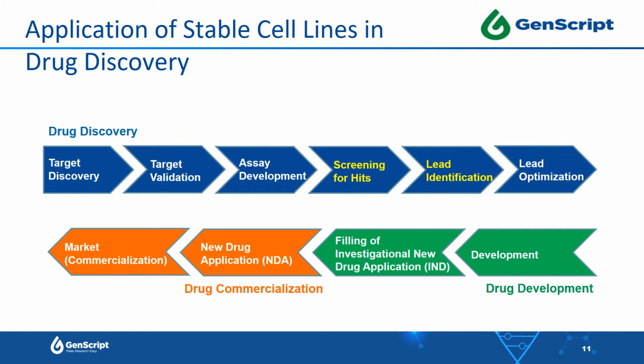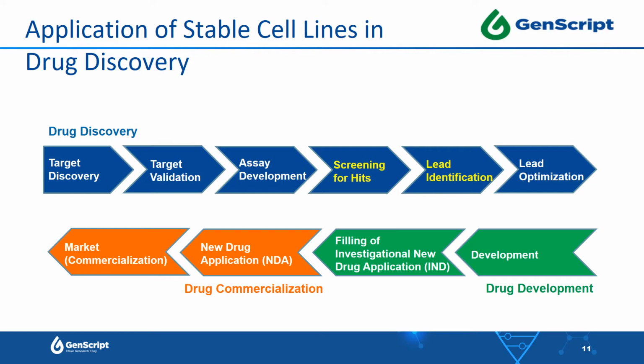Shown in blue is the drug discovery stage, including target discovery, validation, assay development, screening for hits, lead identification, and optimization. After that is the drug development stage, which also includes filing of the investigational new drug application, called IND. After that, if you get good results from the clinical trial, you can then move on to the new drug application as well as drug commercialization.